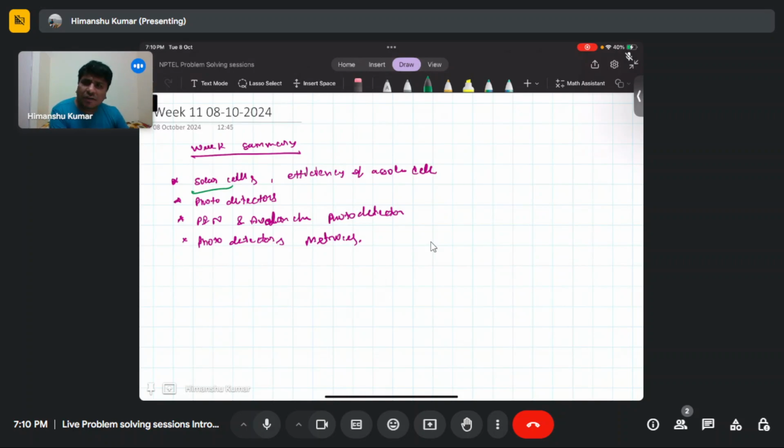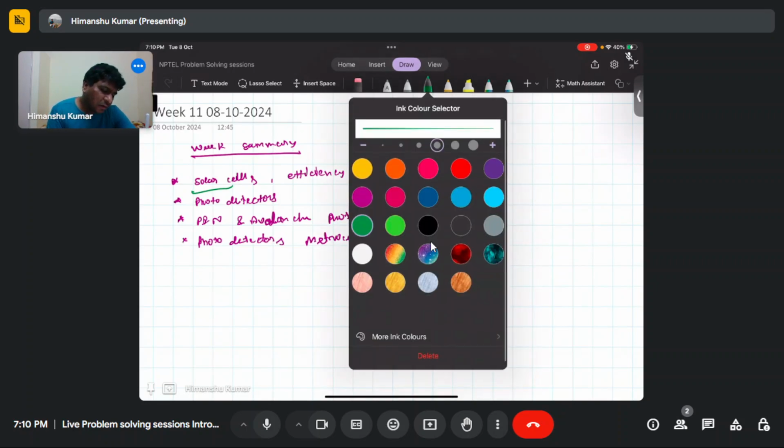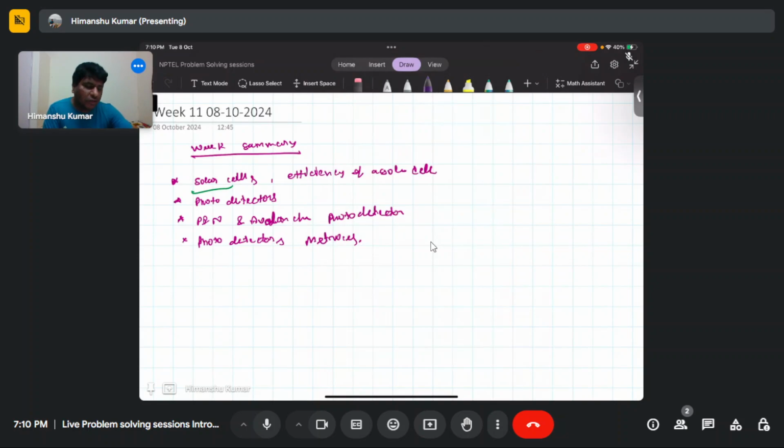So that was the idea behind it. Initially the solar cell was invented for space application, because in space the cost constraint is not much, as you don't need to produce at mass scale, for example to put at your home.